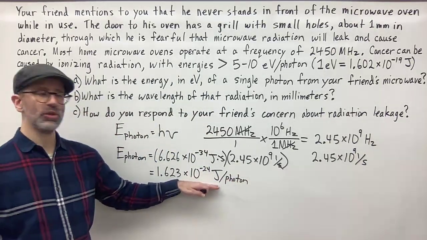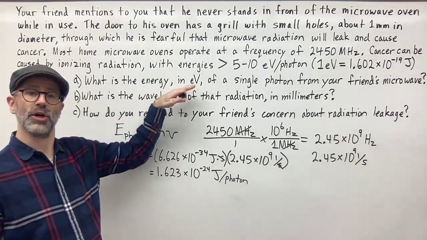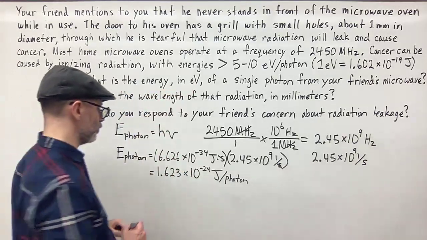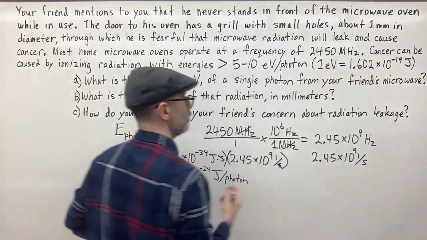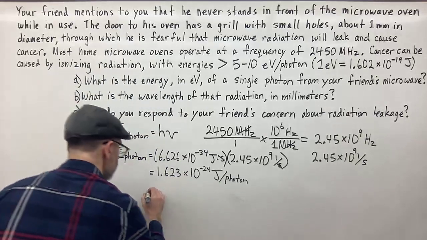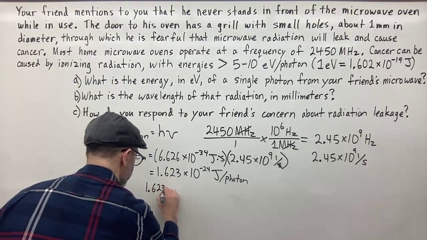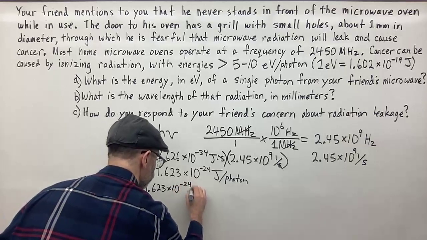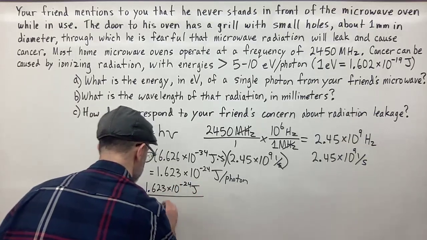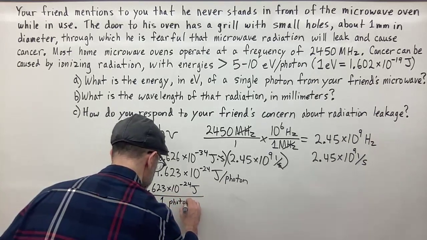But we're being asked to convert this to electron volts, so we'll have to use this conversion factor. So we have 1.623 times 10 to the negative 24 joules over 1 photon.